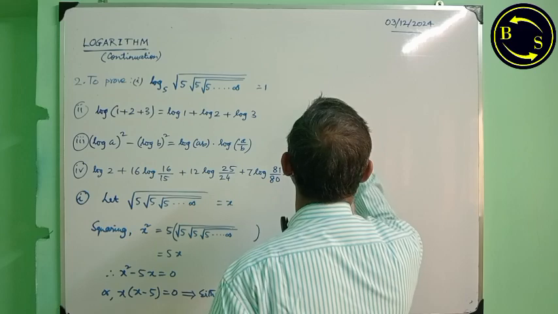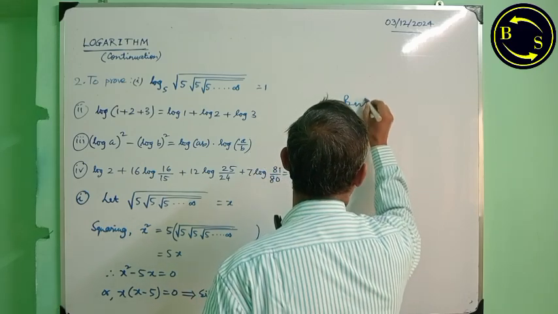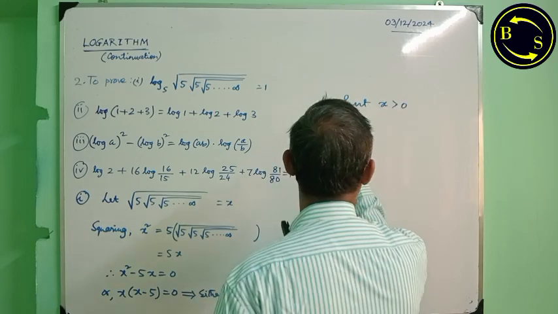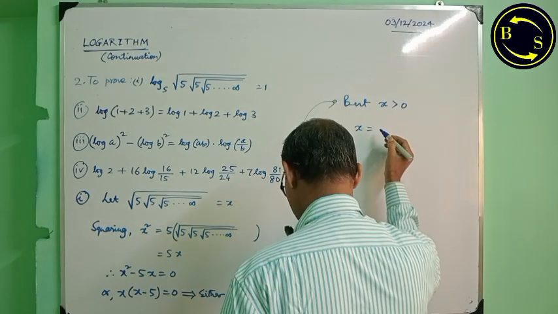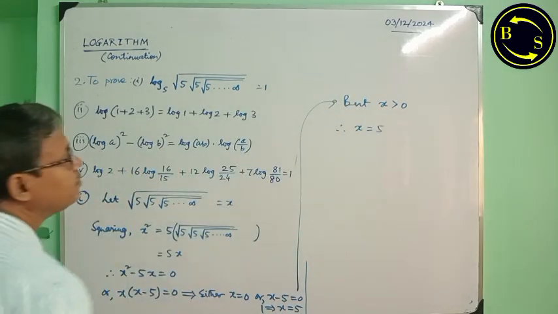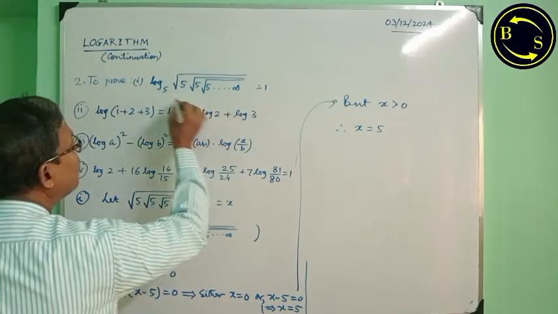But x is positive, therefore x is equal to 5. We have got the value of this part.